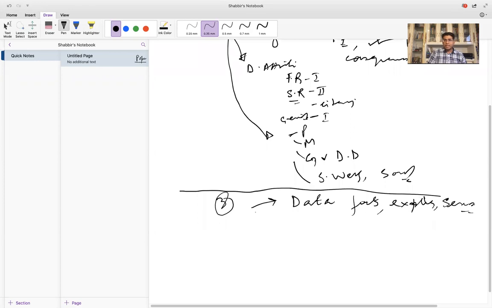The second thing you must be careful about is to make sure your answer has reference to theories and concepts, which make the answer look like a studied and a geography-based answer.